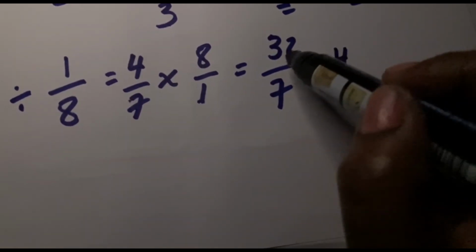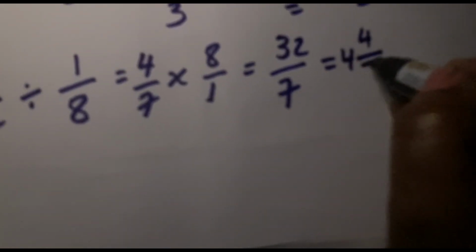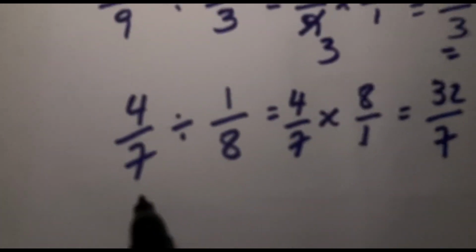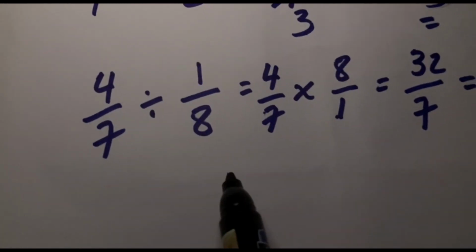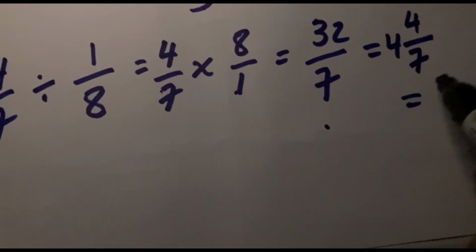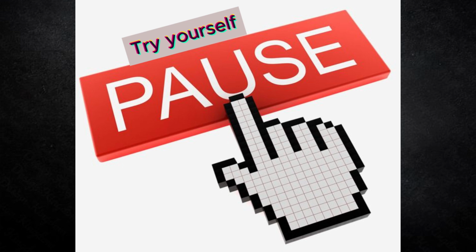So 32 minus 28 is 4, the remainder is 4. So 4/7 divided by 1/8 is 32/7, or 4 and 4/7.